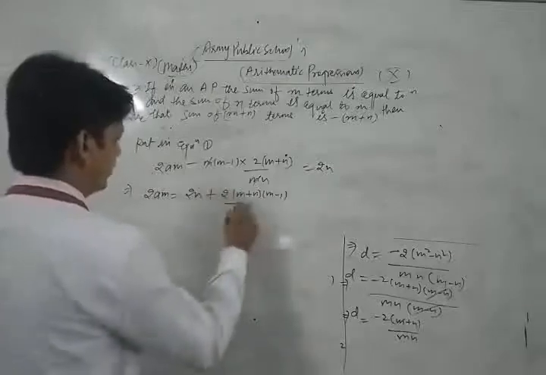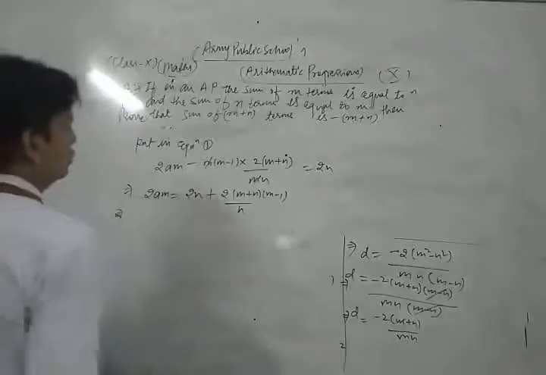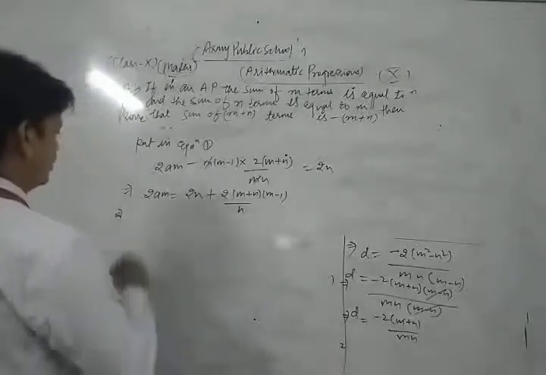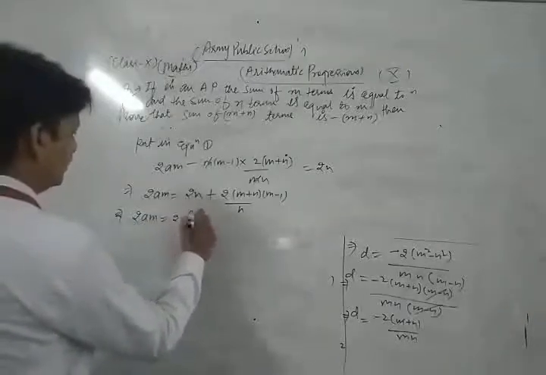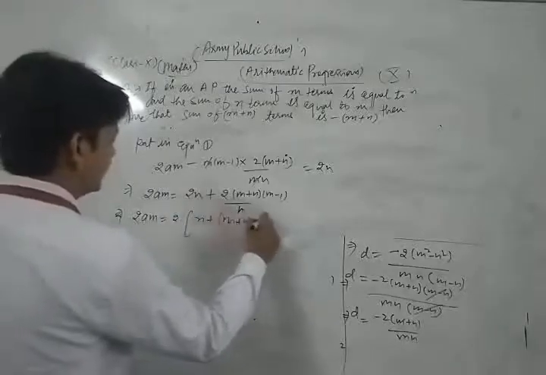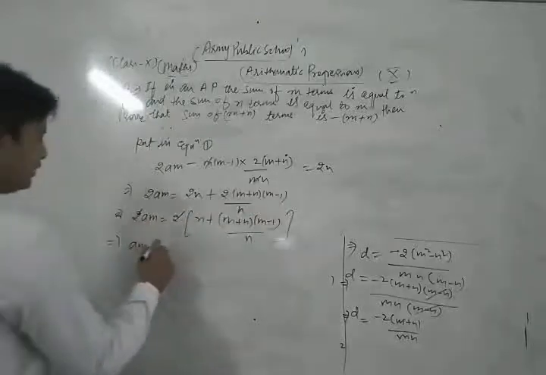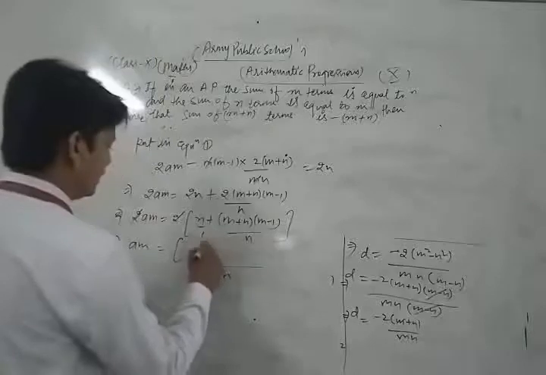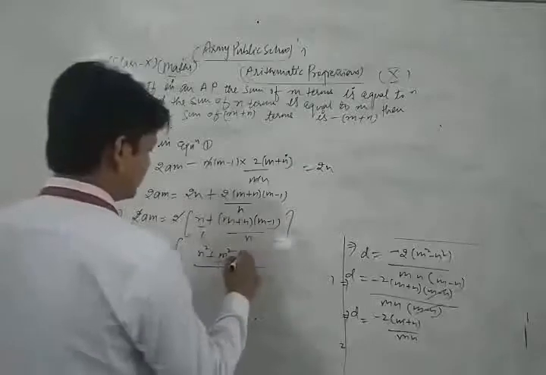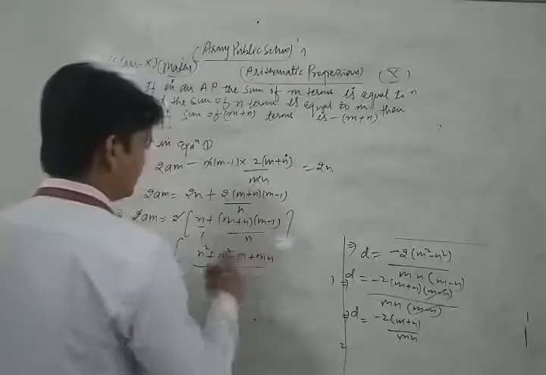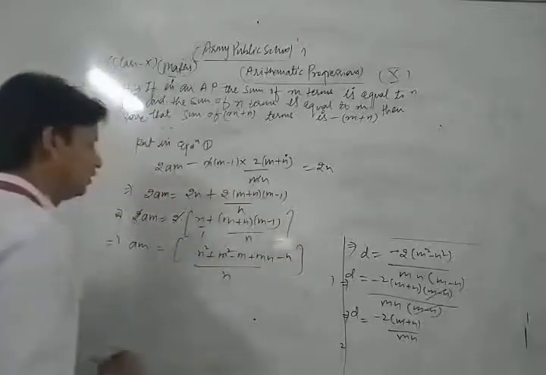Now we take 2 as common, so we get n plus (m plus n)(m minus 1) upon n. Now 2 cancel to each other, so we get am is equal to, we take n as LCM, so this is n square plus m square plus mn minus m minus n.